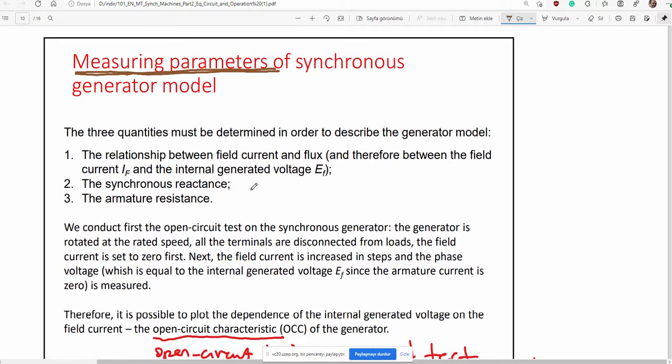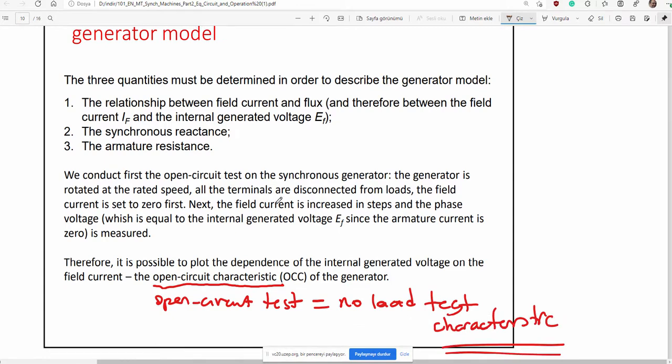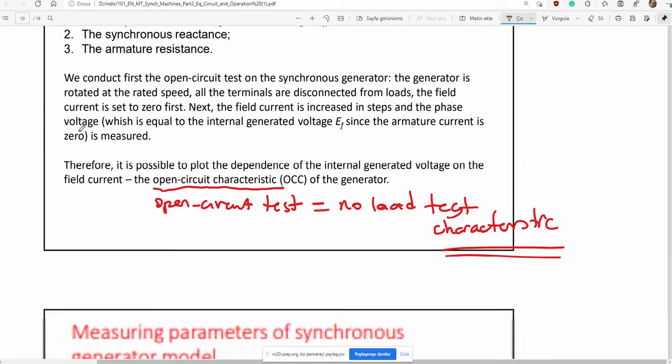In the generator model, we conduct some generator tests. In fact, it is the machine; the parameters are the same, but we conduct some tests. The first one is the no load test or open circuit test. Then we will conduct the short circuit test.